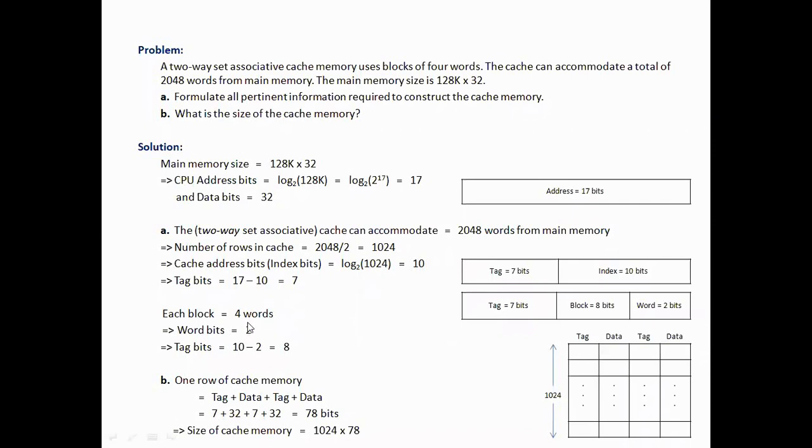So if we have 4 things, for addressing 4 things, we need 2 bits. That means 2 bits are required for one block, which automatically means the number of bits in the word is 2, and the block will be 8 bits. So the index of 10 bits will be divided into 2 parts: word is 2 bits and block is 8 bits.